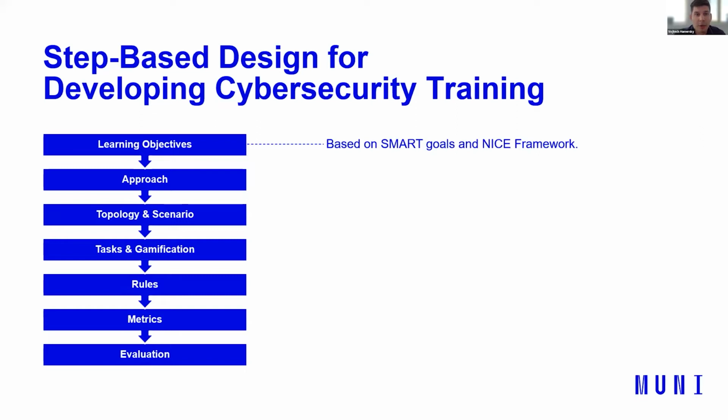But what are SMART goals? The word SMART stands for specific, measurable, achievable, realistic, and time-bound. It means that your learning objective should be SMART. It should be specific, measurable, achievable, realistic, and time-bound.